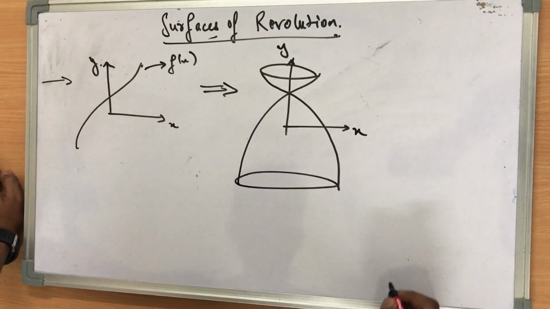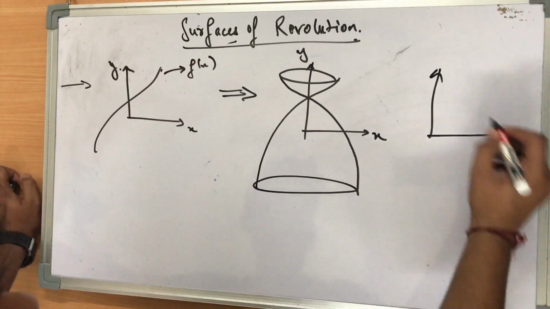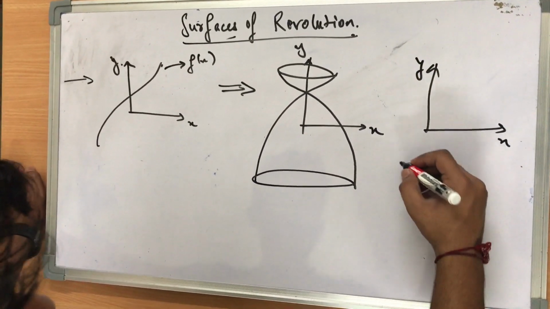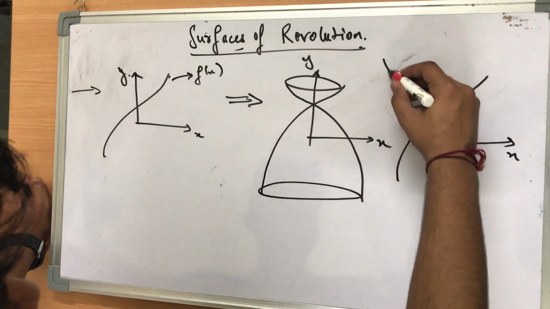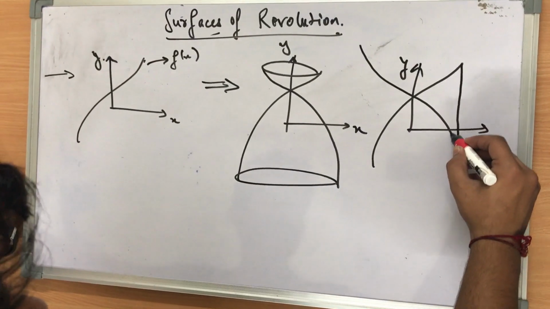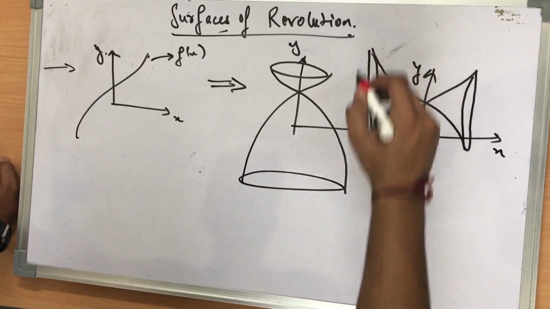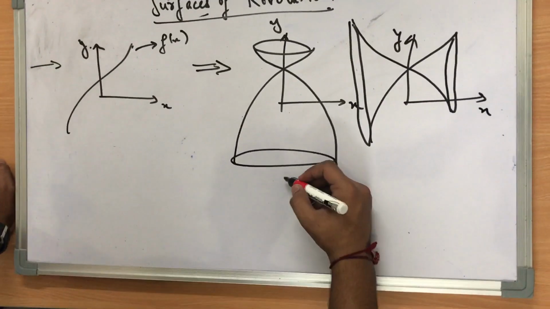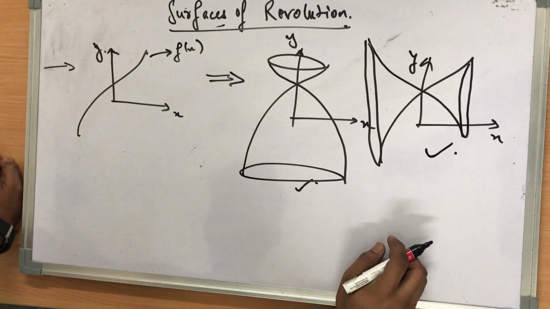I rotate it about the x-axis, so the surface will be somewhat like this. So what are the equations of these surfaces which are formed after the revolution?